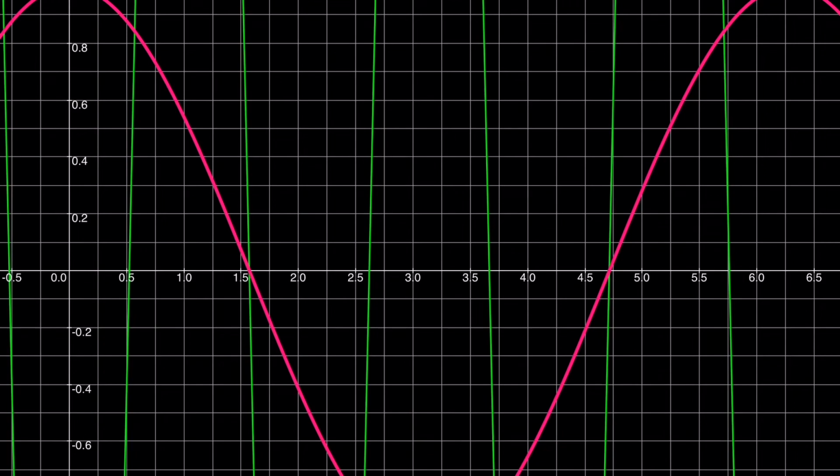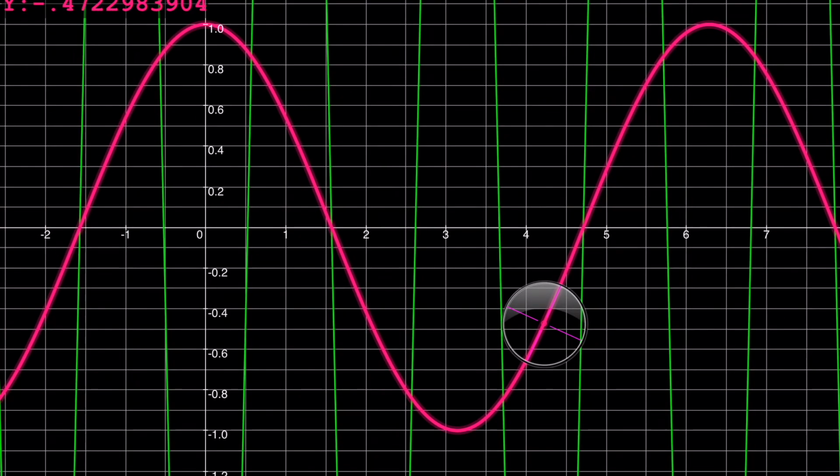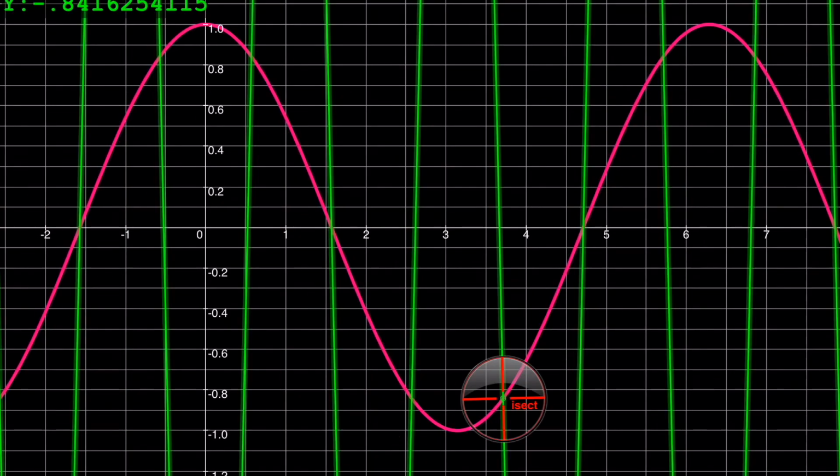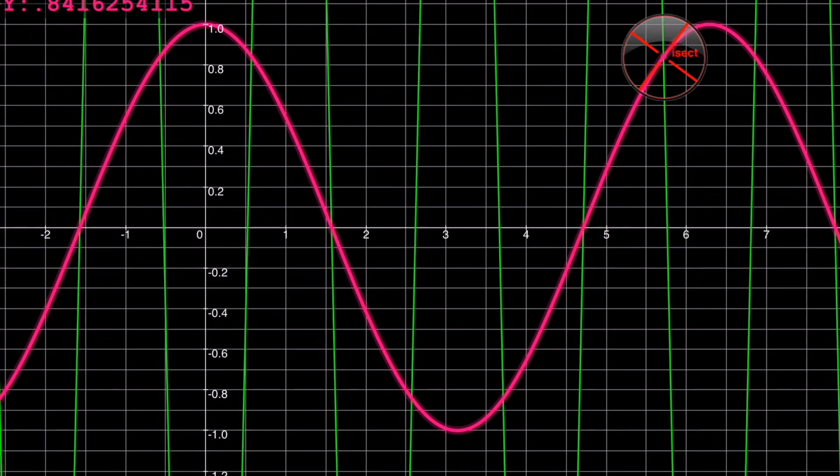So we have 1, 2, 3, 4, 5, 6 solutions, and we are missing the case when r equals 0. That's exactly what we are looking for.